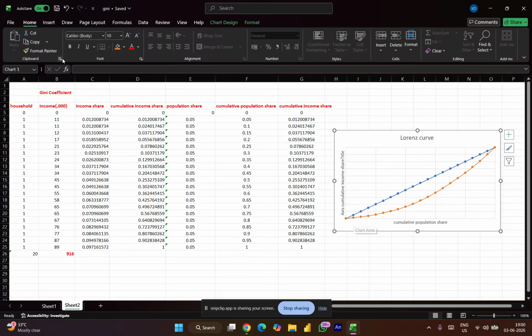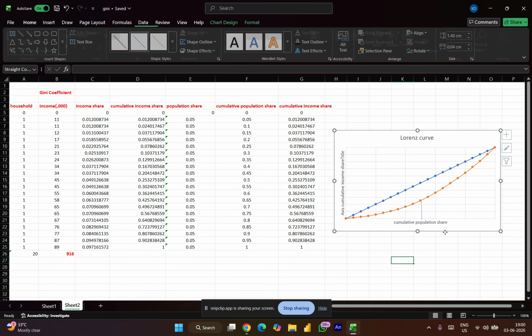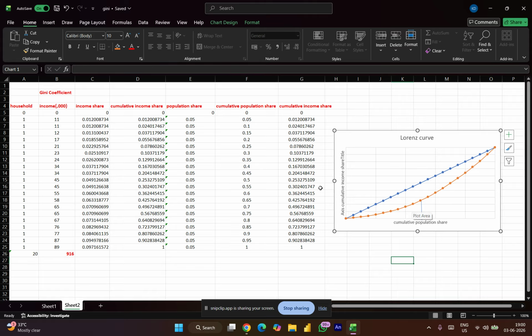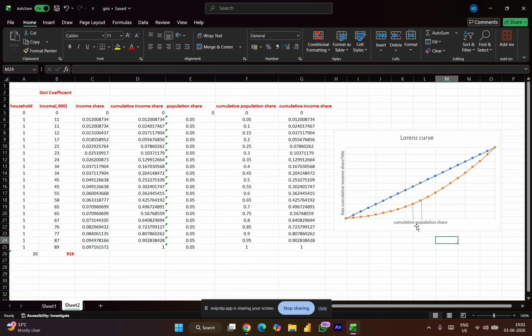Now, if we draw a line here, and then take another line here, the length from the horizontal axis for each point is the share of population.